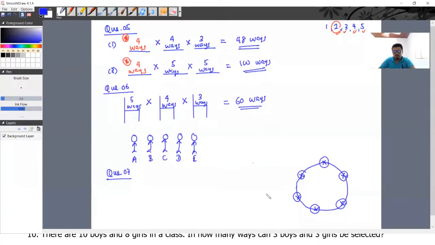So we need to arrange 6 people in a circle.